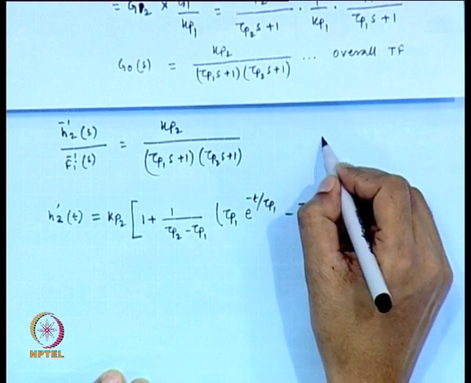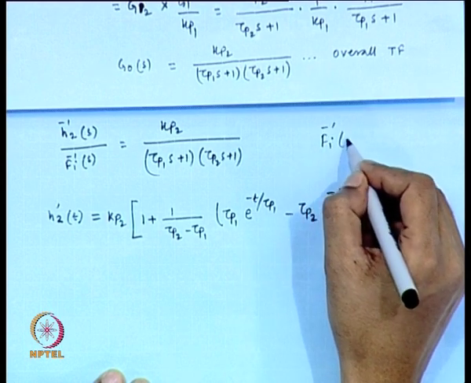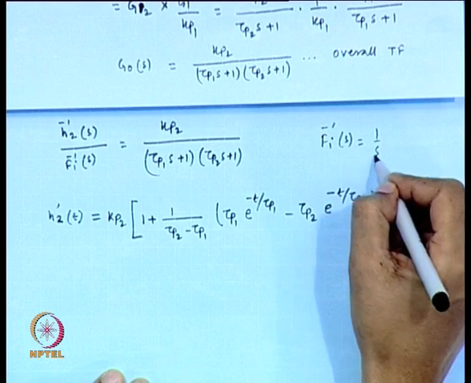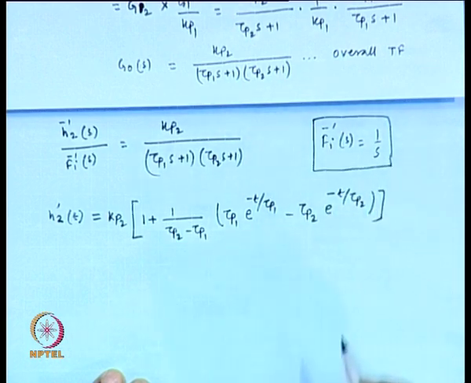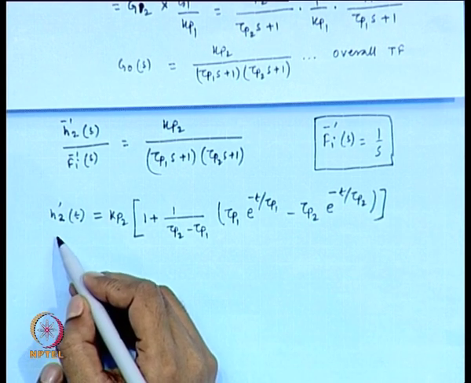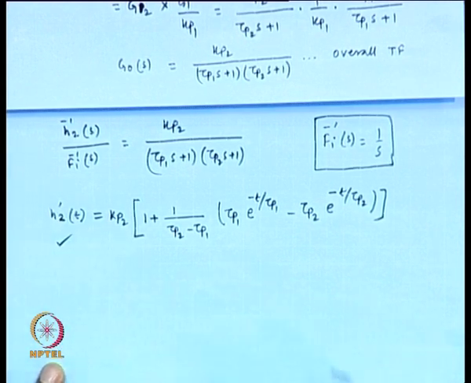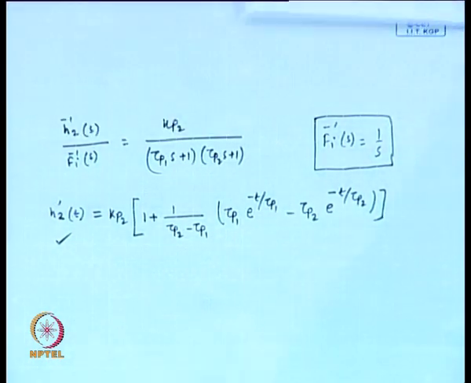Considering a unit step change in Fi bar prime(s), I mean Fi bar prime(s) equals 1 by s, and taking inverse of Laplace transform, we get the expression of output H2 in time domain like this. Fine.